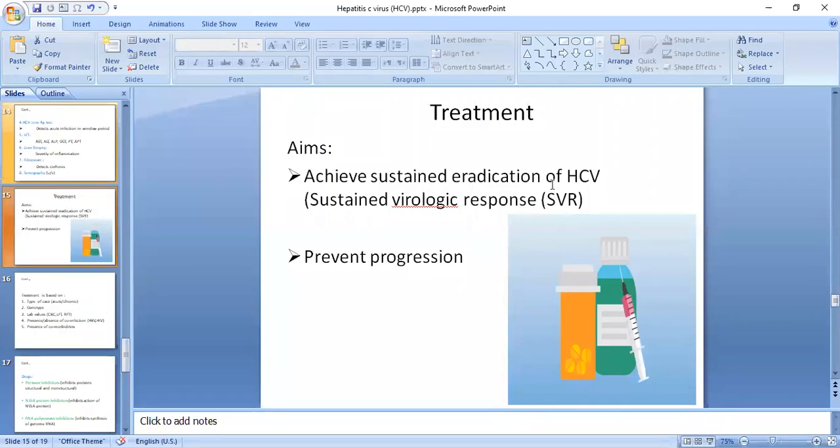We see whether the response to the treatment that we are giving is sustained, whether the antigen or the test is negative or positive. We look at the sustained virological response when we have given the treatment. And the second aim is to prevent the progression.